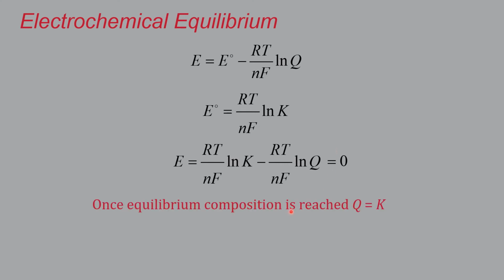So once the equilibrium composition is achieved, Q is equal to K, these terms become the same, and the cell potential drops to 0. And at that point, any further progress stops.